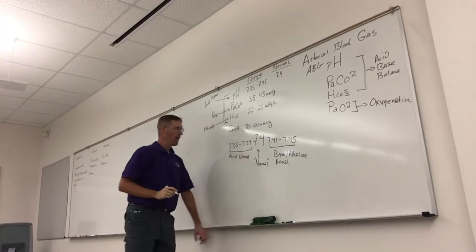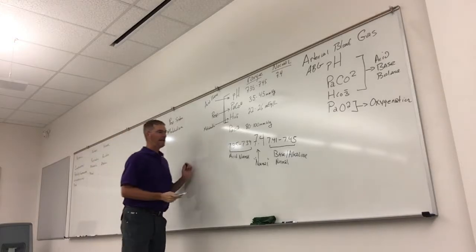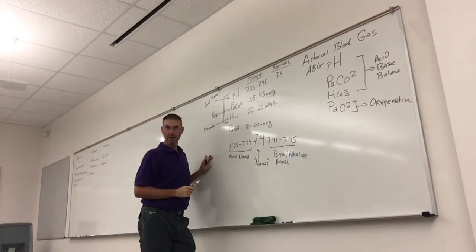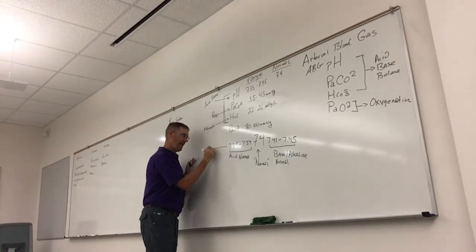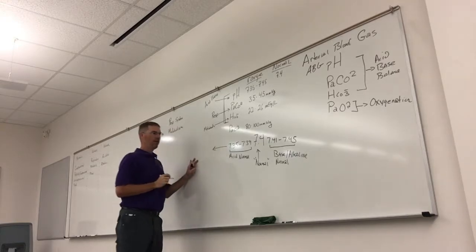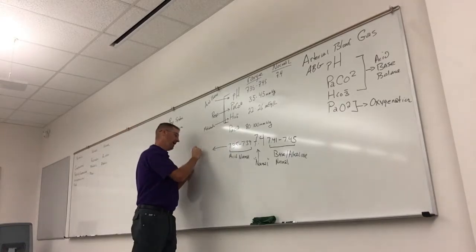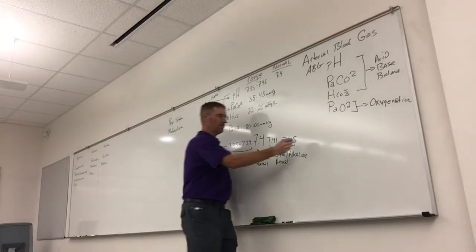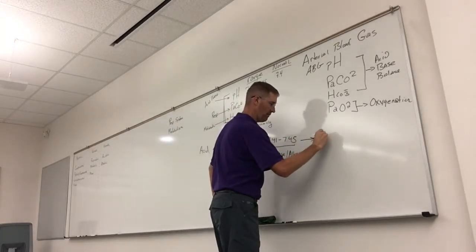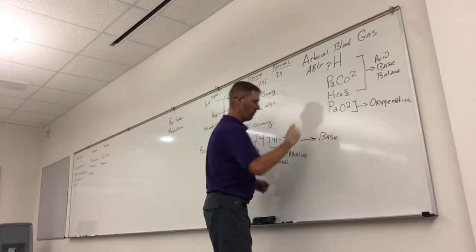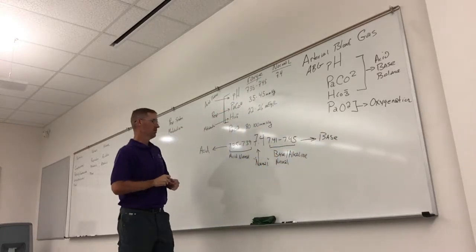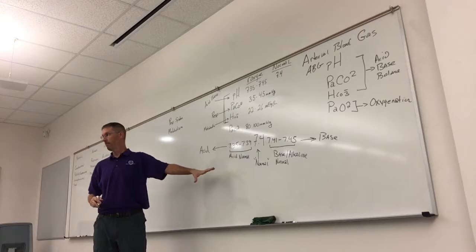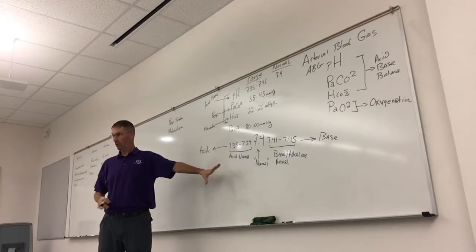It's in the normal range, but it is in the acid side of the normal range. You guys okay with that? And then anything less than 7.35 is full-on acid. And anything greater than 7.45 is full-on base, or alkalosis, acidosis and alkalosis. Are you guys okay with that there? Are you okay with that?